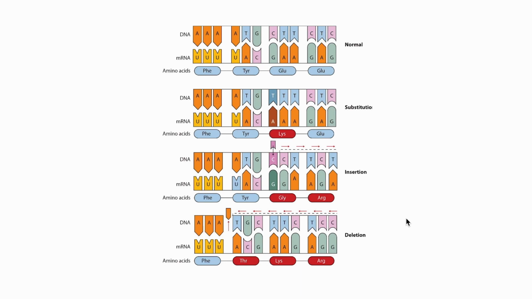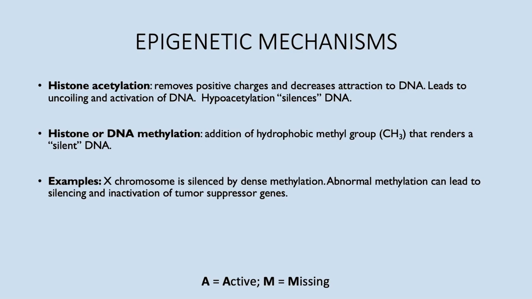Okay, and these mechanisms that control the gene expression are called epigenetic mechanisms. We have here some examples. One of them can be histone acetylation. This is a process in which we add an acetyl group to histones, these proteins around which the DNA coils.